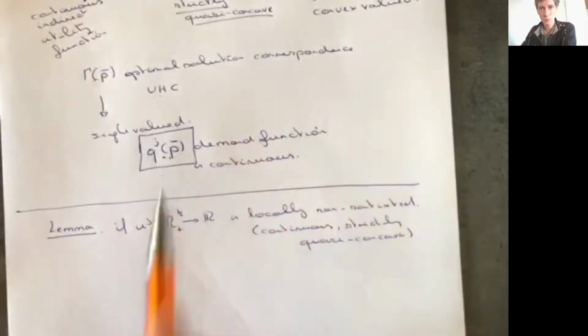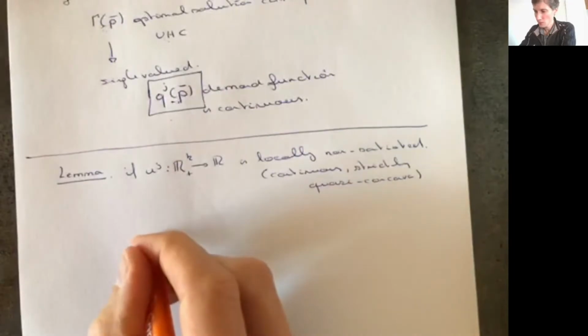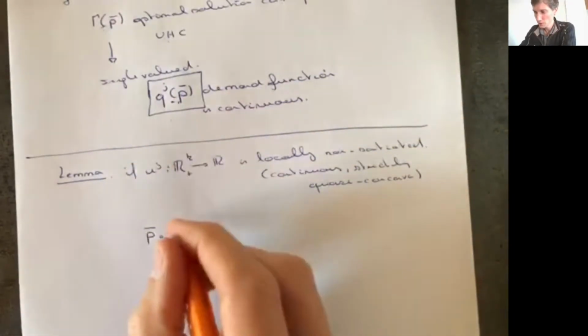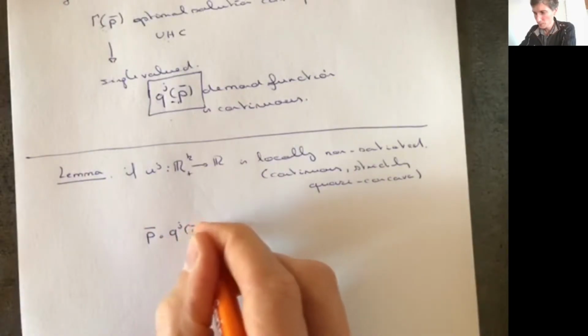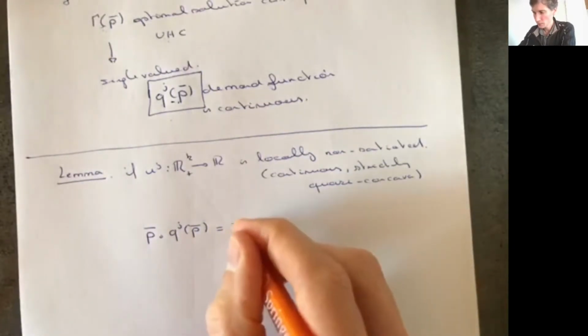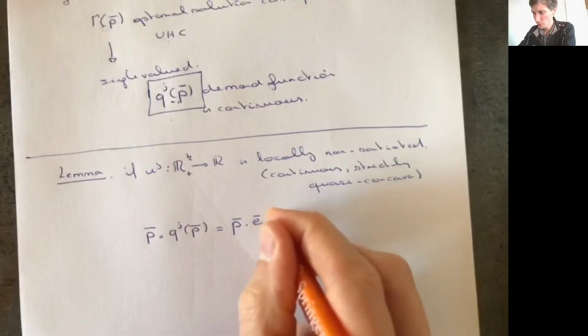Then we get an optimal demand function. Let's show that if we multiply this bundle by the corresponding prices, then what we will get is that this is equal to p times e_j.